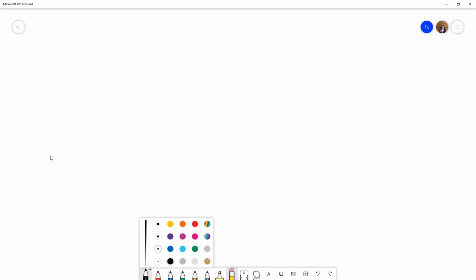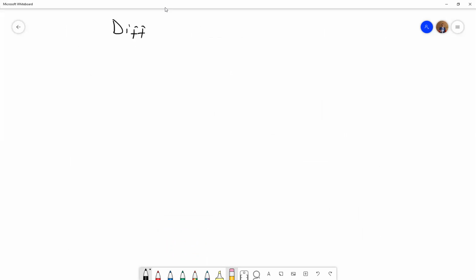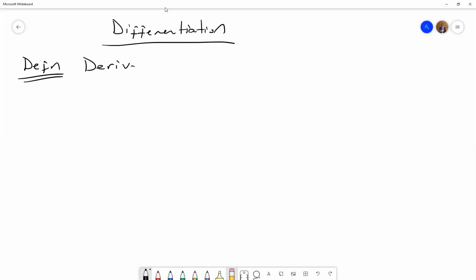Now, differentiation. Yeah, this is a new subject. Let's give a definition for that. Definition for derivative functions also. This is the derivative function.